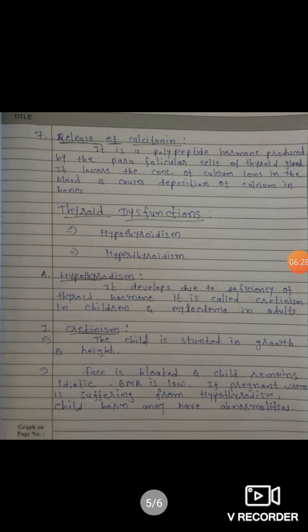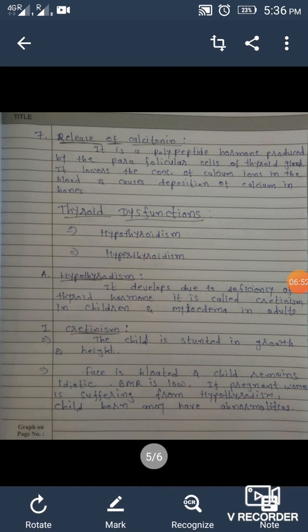Now the next one is disorders related to the thyroid gland. It means if any deficiency occurs in thyroid hormone, then hypothyroidism and hyperthyroidism will occur. The name itself suggests it: if hypo happens, then something is decreased.